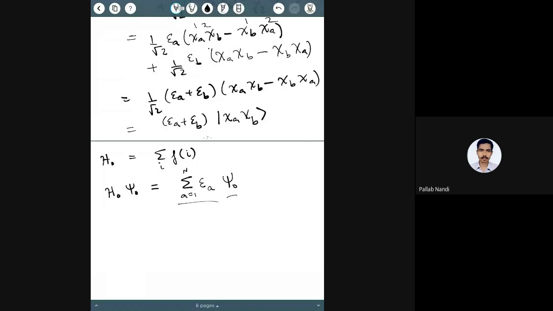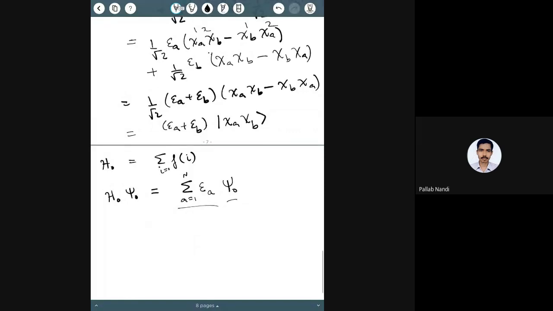The index I equal to 1 to n, epsilon I, that is the index is I equal to 1 to n. And second, that is the summation of all the energies, EA, EB plus EC.